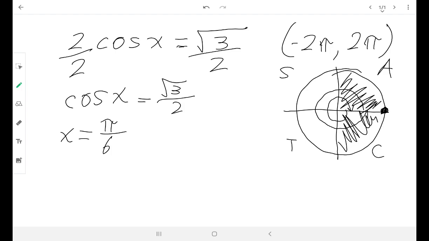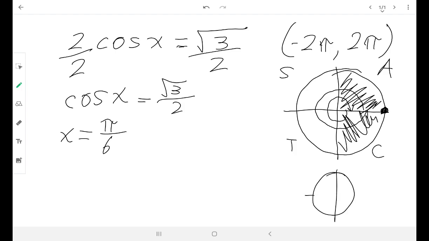That's the angle that gives us, when you take the cosine of pi over 6, you get square root of 3 over 2. Okay? And then, what is the negative angle that goes with that? Because remember, in both of these quadrants, we want the positive angle and the negative angle.